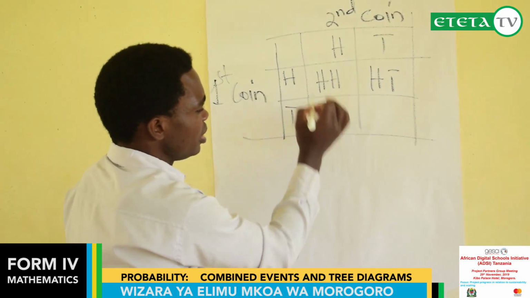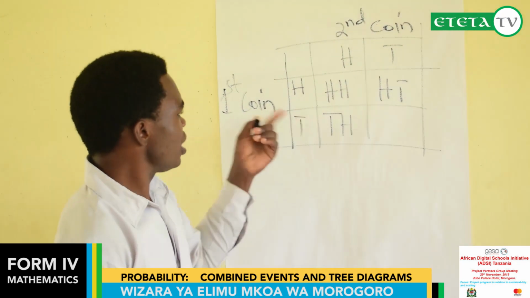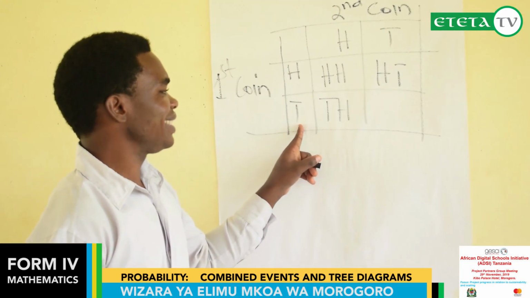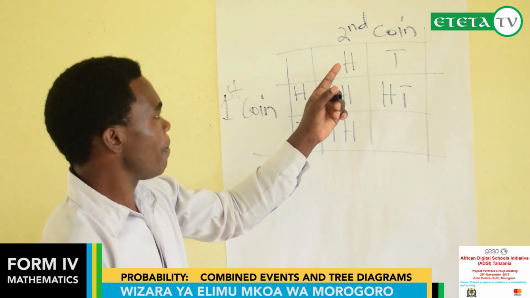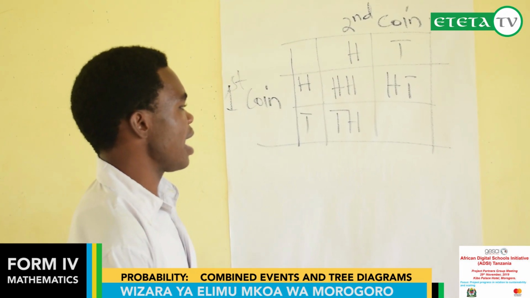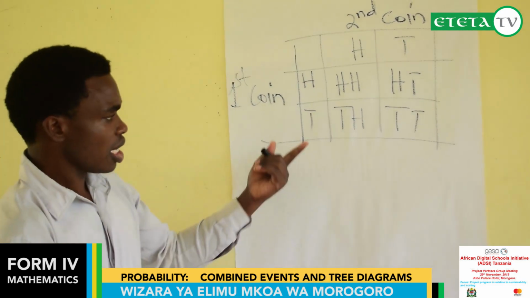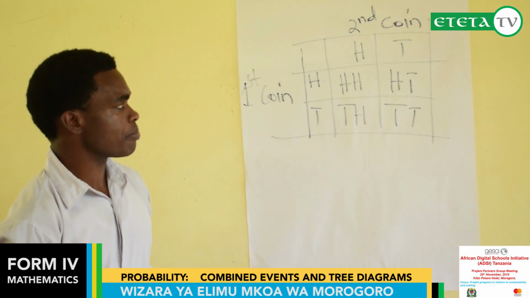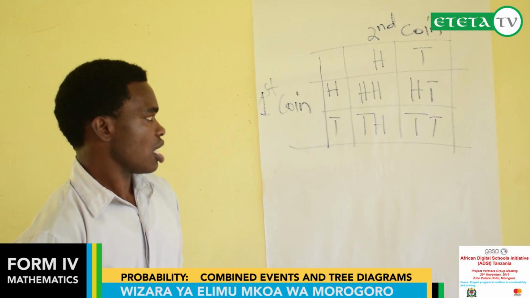So it will be HH. Then on the first coin a head, and on the second coin a tail. So it will be HT. Again, on the first coin a tail and on the second coin a head, so it will be TH. Again, on the first coin a tail, and on the second coin a tail, so it will be TT. This is the way of finding the sample space by using the table of combinations.